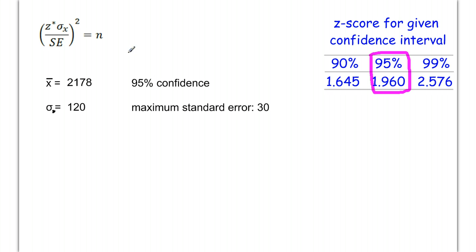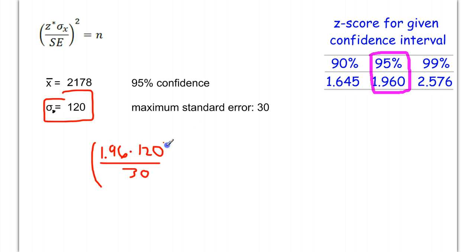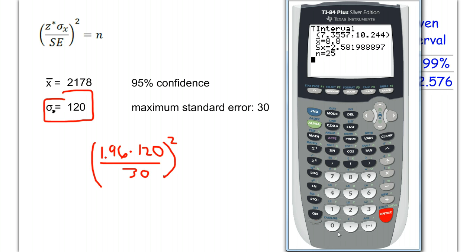So if we piece this all together, we're going to have our z star 1.96 times our expected standard deviation of 120, all divided by the maximum standard error, which would be 30 in this case. And then we're going to square the whole thing. That squaring is very important.